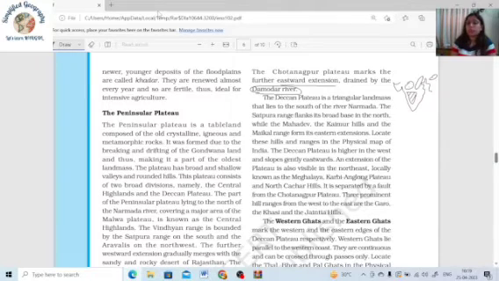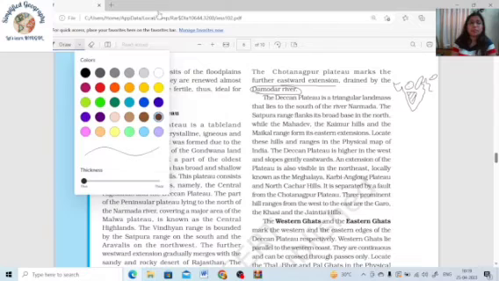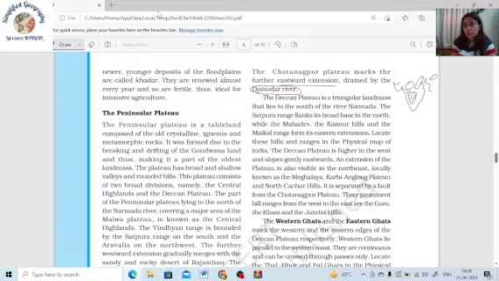The Deccan Plateau is a triangular landmass, as you can see, lying to the south of river Narmada. River Narmada and Tapti or Tapi, these two rivers are flowing from east to west and going to the Arabian Sea.